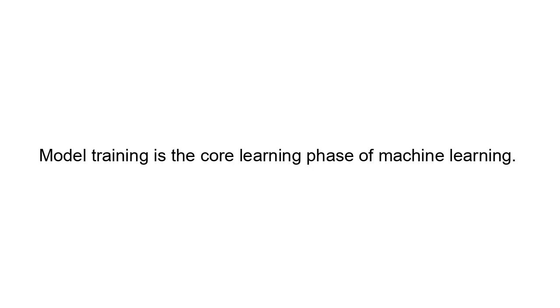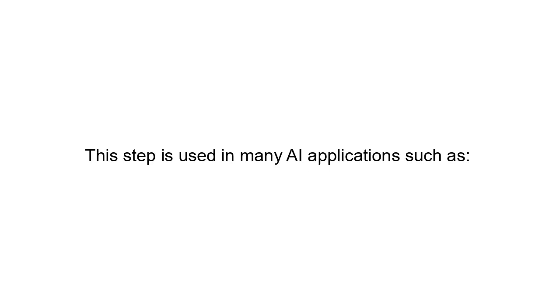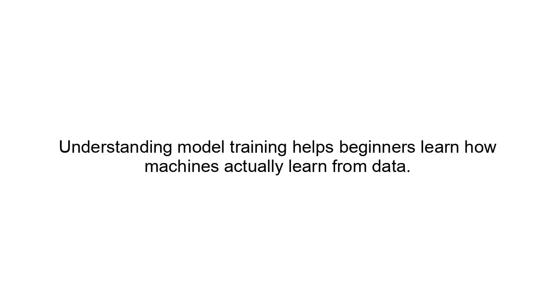This step is used in many AI applications such as image recognition, speech recognition, recommendation systems, fraud detection, medical diagnosis, and spam filtering. Understanding model training helps beginners learn how machines actually learn from data. What is model training?